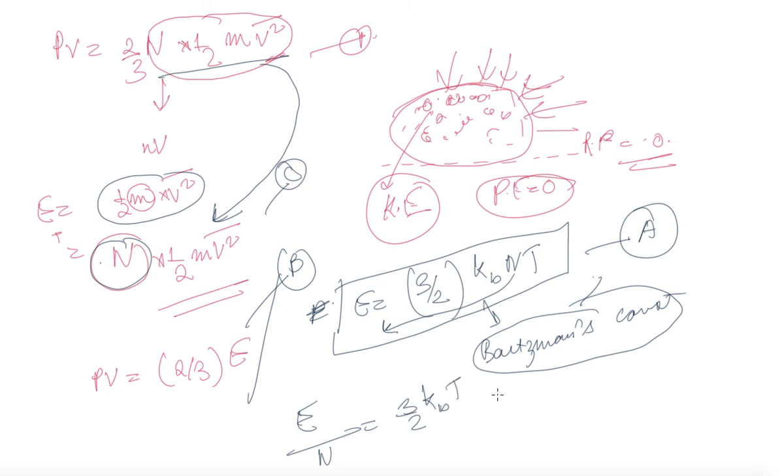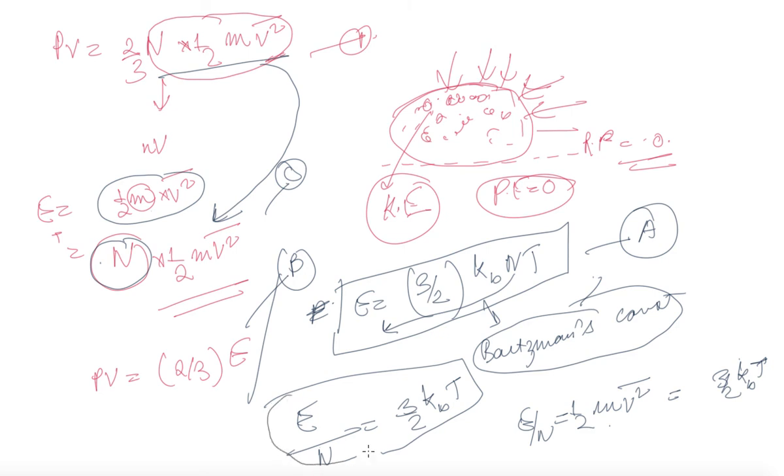So finally, E by N is nothing but half mv square. Now E by N is half mv square. This is actually equal to 3 by 2 Kb into T, where Kb is the Boltzmann's constant. So this is the way we had derived it.